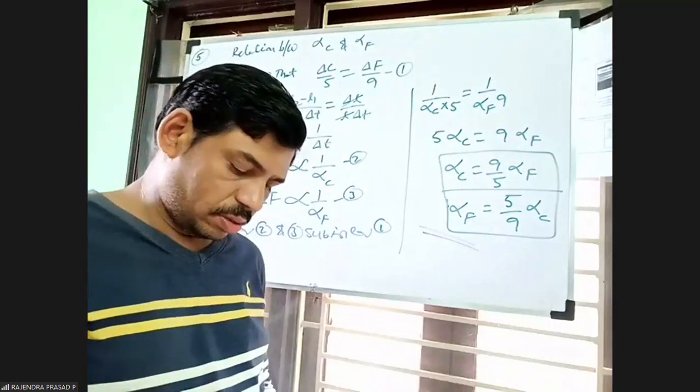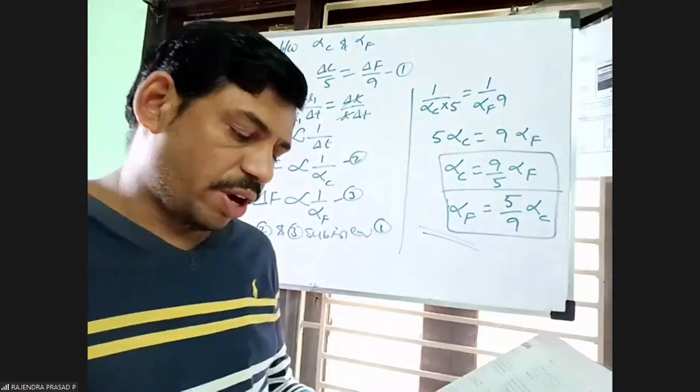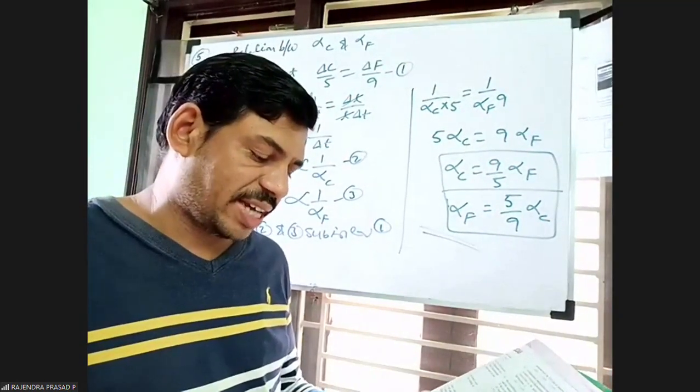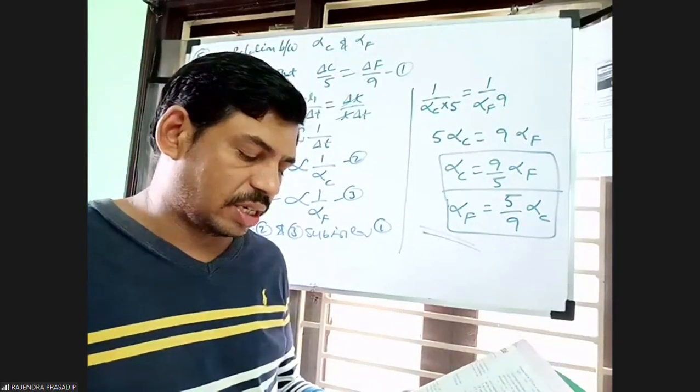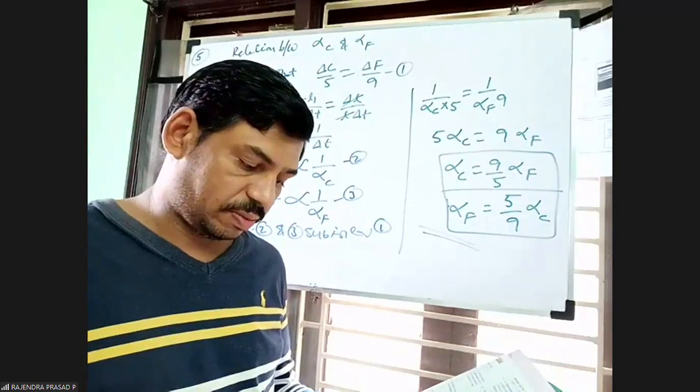13th problem. The coefficient of cubical expansion is x times the coefficient of superficial expansion. Then the value of x is 1.5, sir.